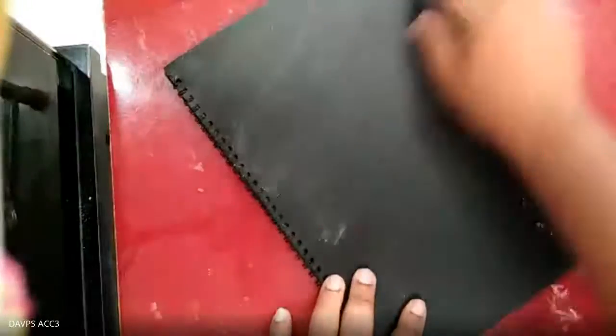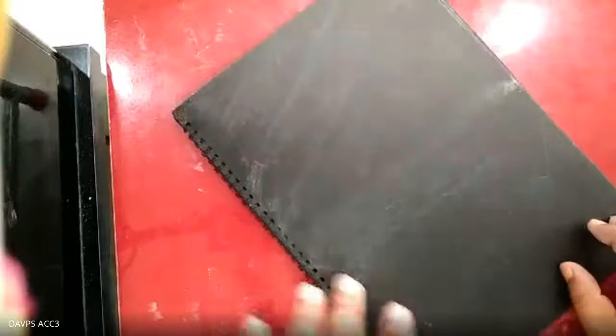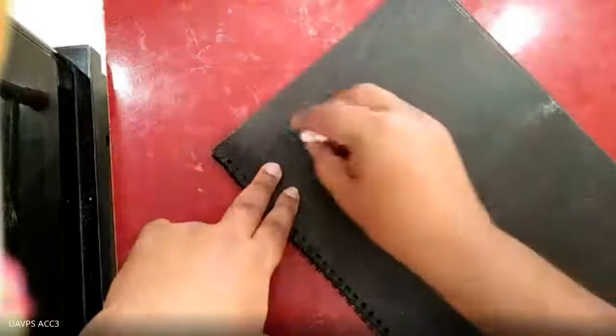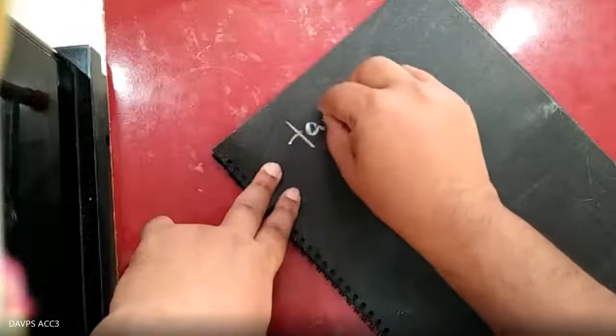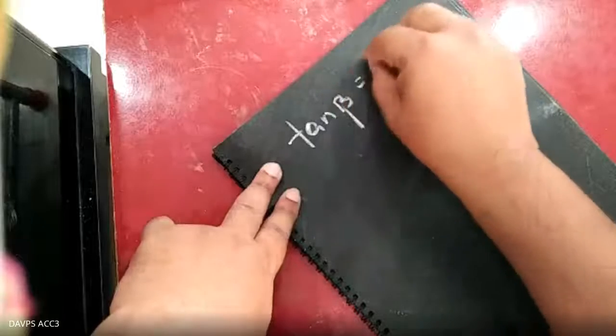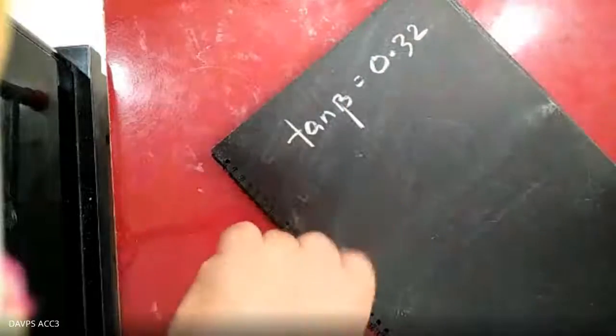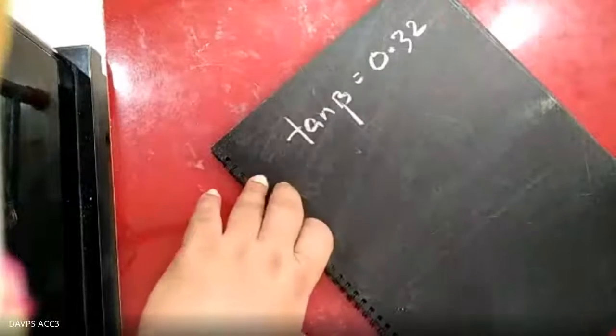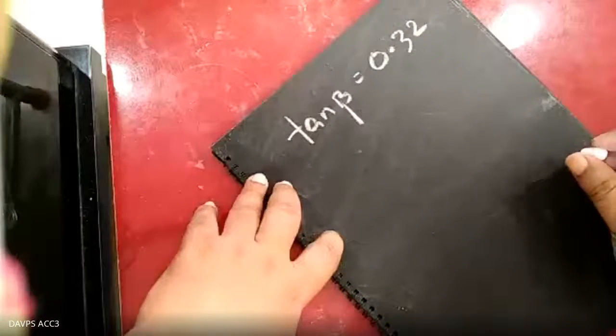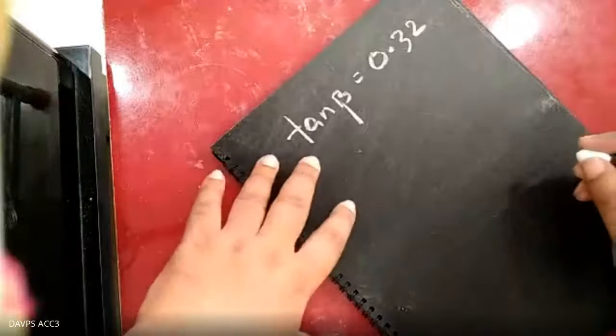Another type of problem you will find is whenever you are calculating tan beta. Suppose you find tan beta equal to 0.32.